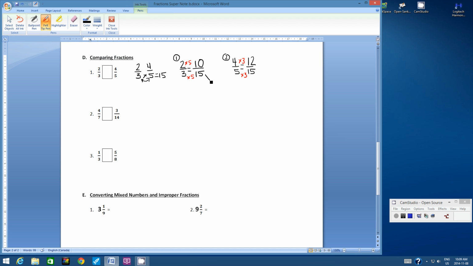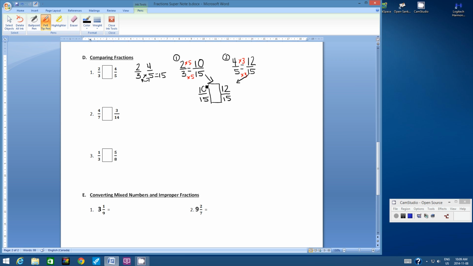Okay, so let's look at these two rewritten fractions. We have 10 over 15, and we have 12 over 15. I'm going to draw this box in the middle here. Now that the denominators are the same, all we have to do is look at the numerators.